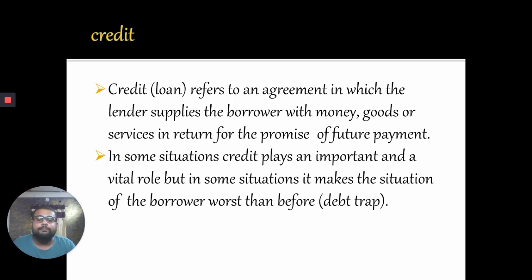Again, the same example. For example, you borrowed 100 rupees and the rate of interest charged by the lender is 10%. So how much will you be returning? 110 rupees. So 10 rupees will be your interest, okay? And you promise that person to pay in the future.